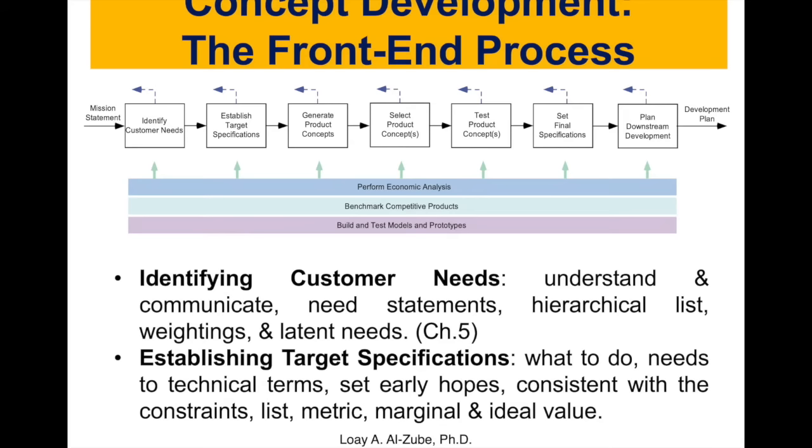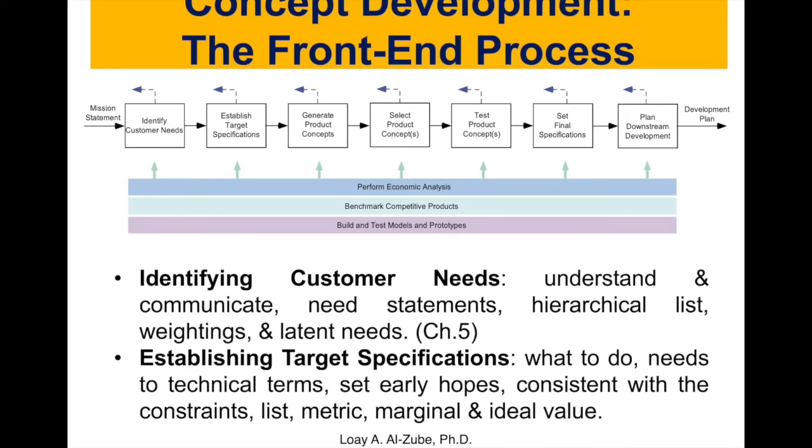I want to touch base on some important tasks and activities in each of these sub phases of the concept development phase. In the first stage, identifying customer needs, we need to understand and communicate, so we need to get feedback from end users. Whatever project you're selecting, you need to be able to identify some target users to communicate with.